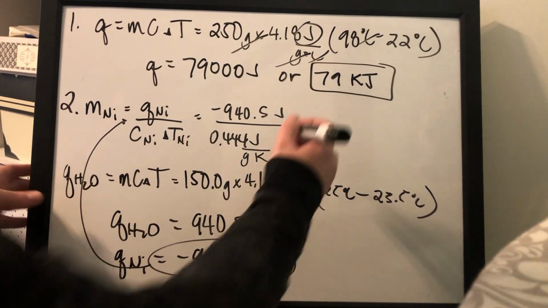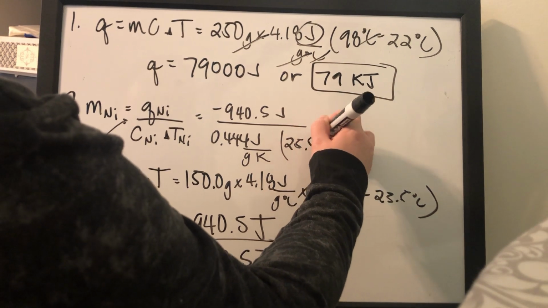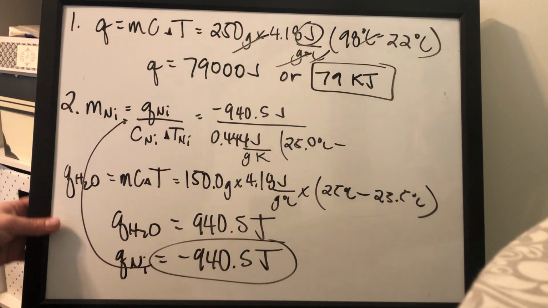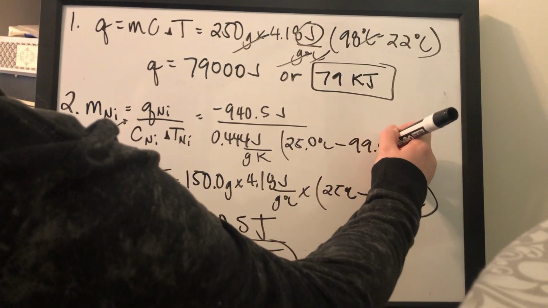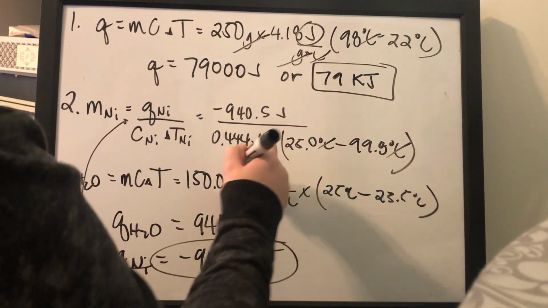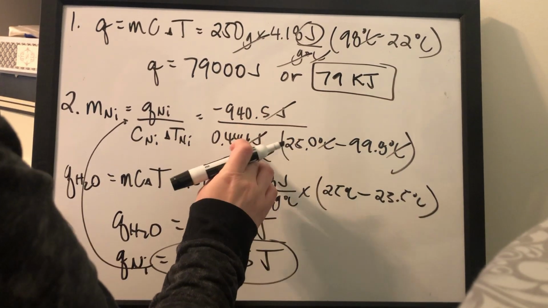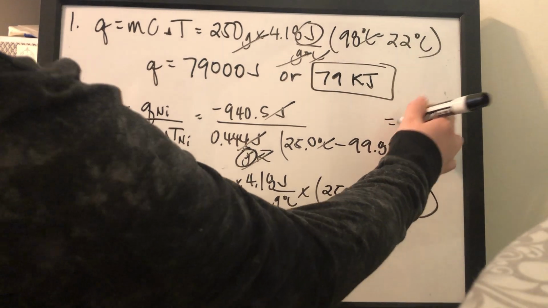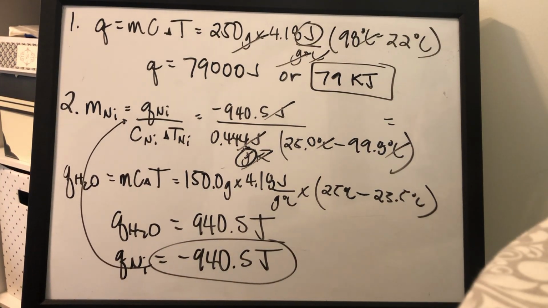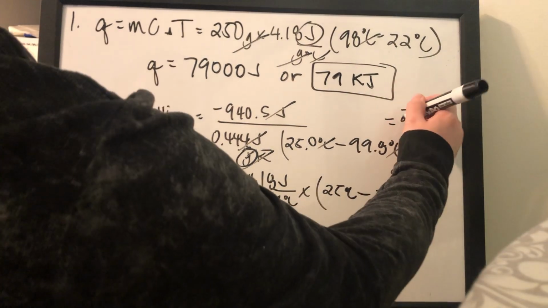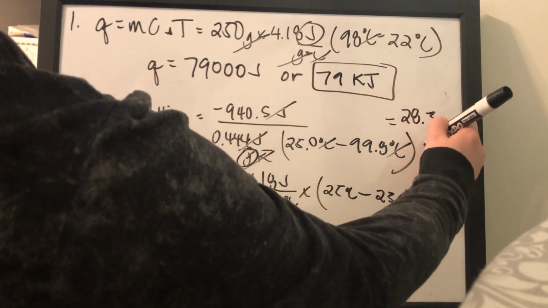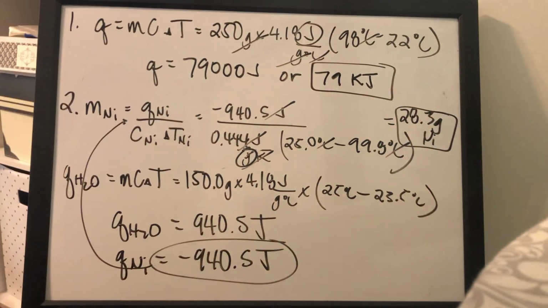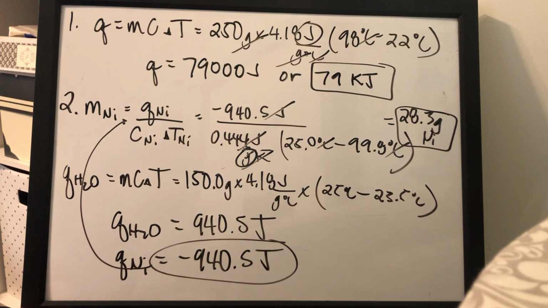The nickel ended at the same temperature the water did, 25, but it started really hot. Oops. I guess grams are what you want. You do this math, round to, I guess it's 3 sig figs, and we get 28.3 grams of nickel that were used in this experiment.